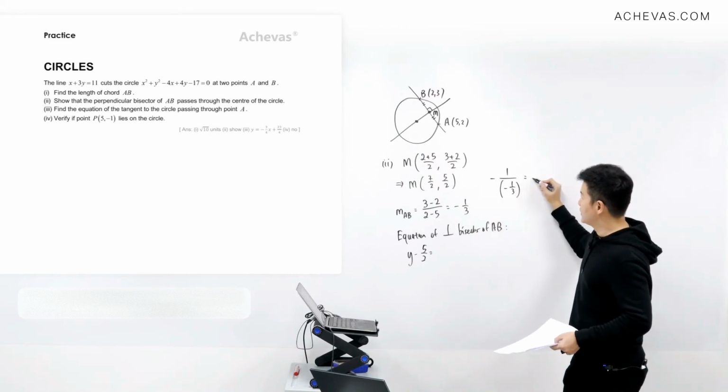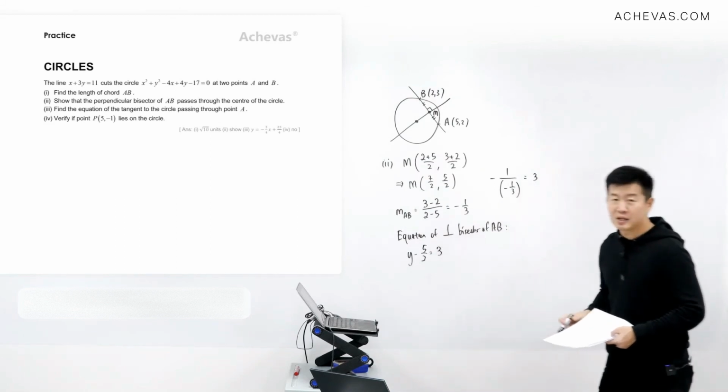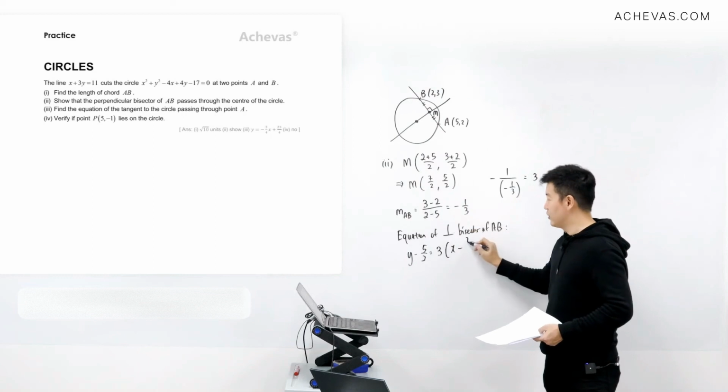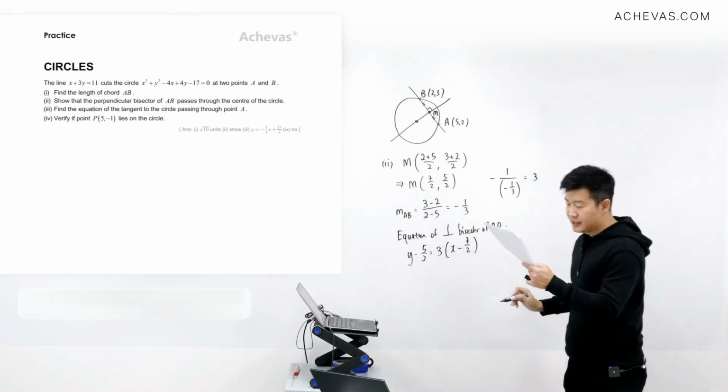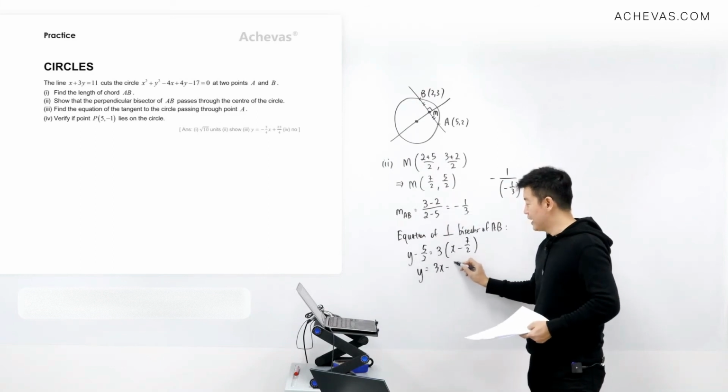So this is like what we were saying just now, this is equal to 3. So it will be the gradient of the perpendicular bisector, which is 3, times x minus the x coordinate of M, 7 over 2. And this will give us the equation of the perpendicular bisector, y is equal to 3x minus 8.